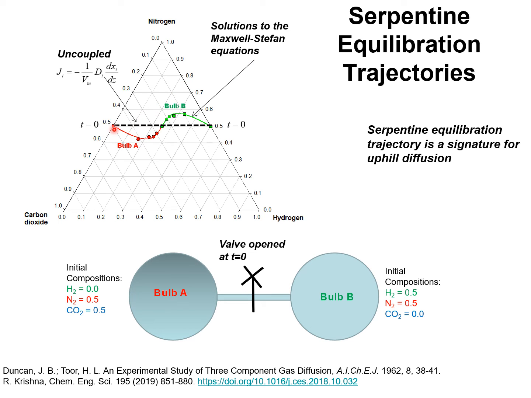If the diffusion process is assumed to be uncoupled, in other words, the flux of each component is taken to be proportional to the mole fraction gradient of that component with a proportionality constant Di that is independent of composition, then the equilibration trajectory would follow a straight line drawn by the dashed black lines.